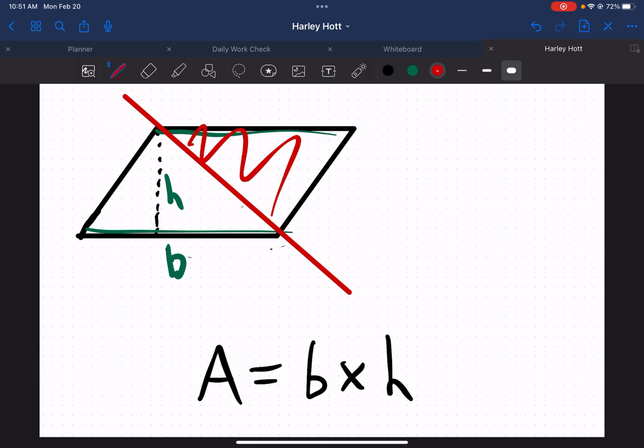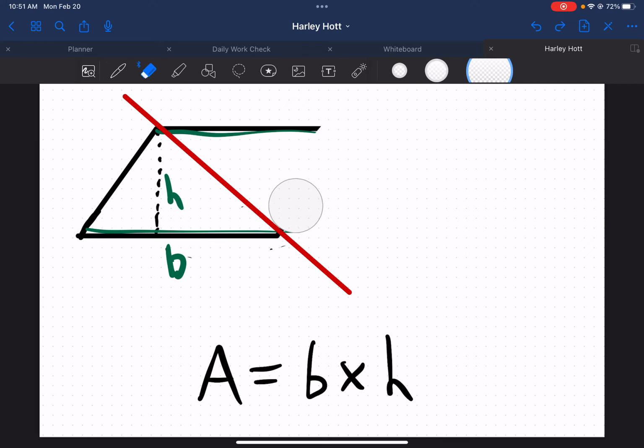We have half up here and half down here. I took my shape and cut it in half. Well, what I'm left with after I cut it in half is a triangle, with a base and a height, just the same. But now the triangle only has half of the area of the parallelogram.